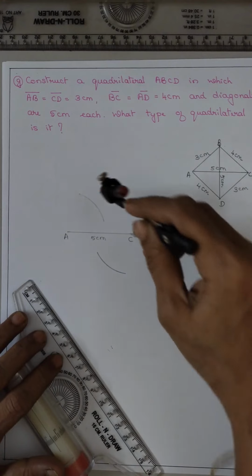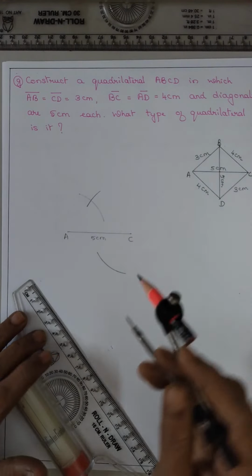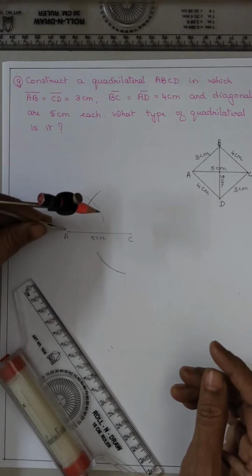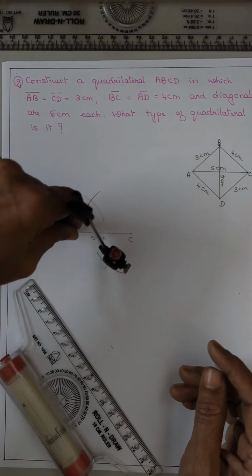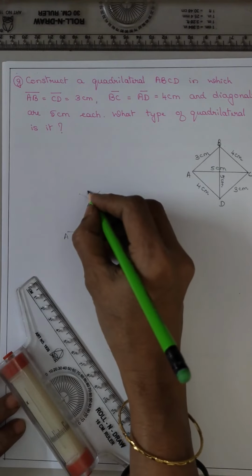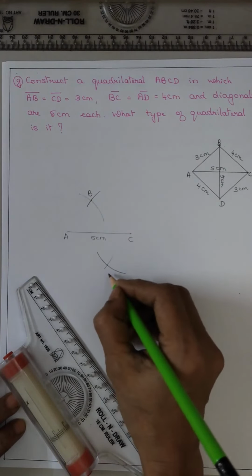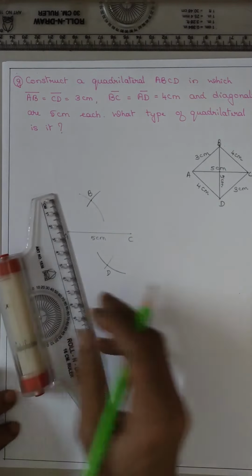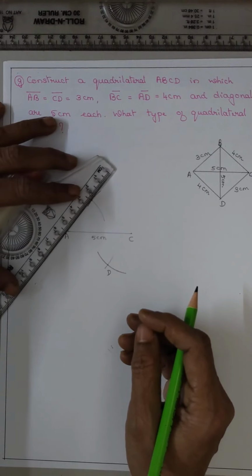Now CB and AD. So this is B, this is D. Now join AB.